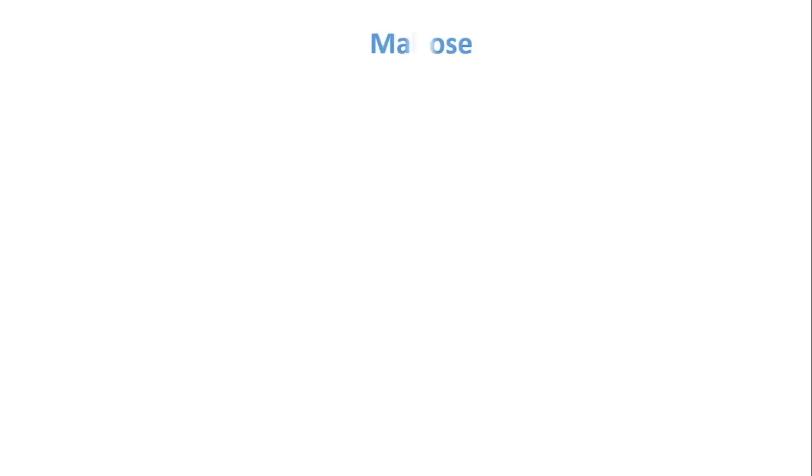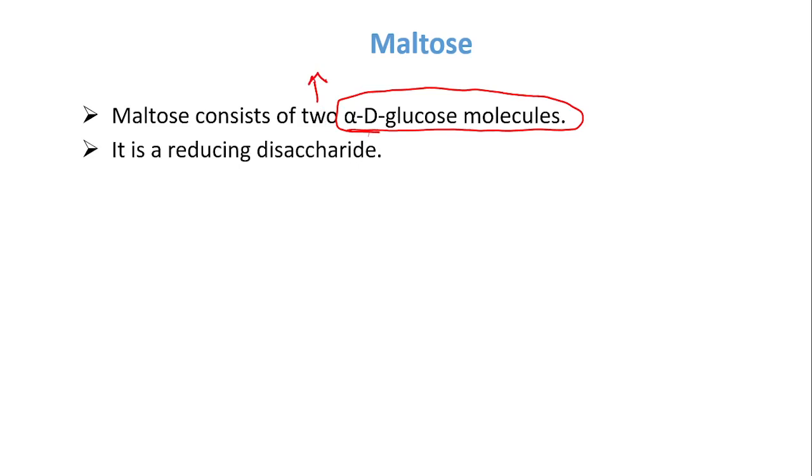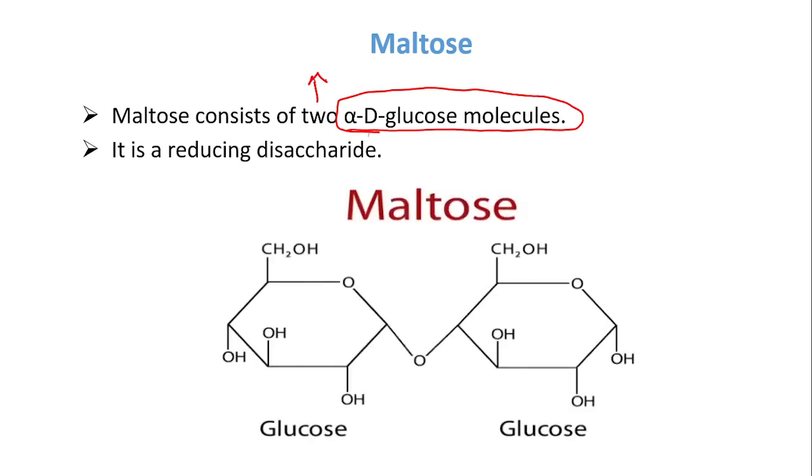Let's quickly look at the last one, which is maltose. Maltose is normally made up of two alpha D glucose. And this one is a reducing sugar, and that's how it looks.